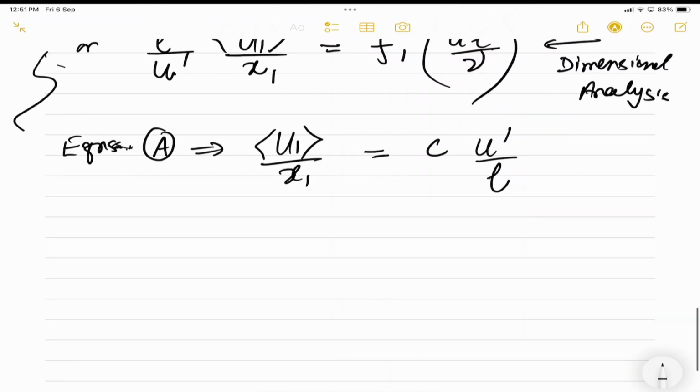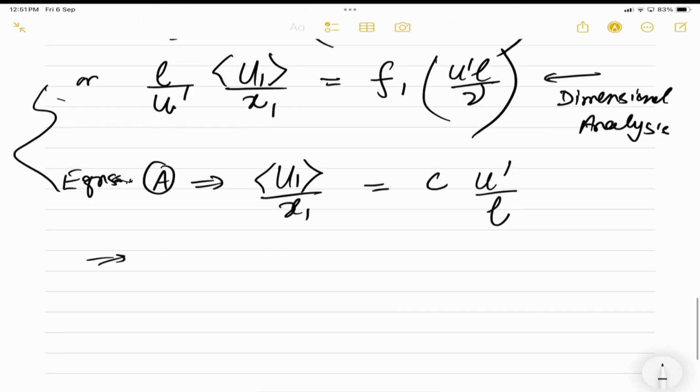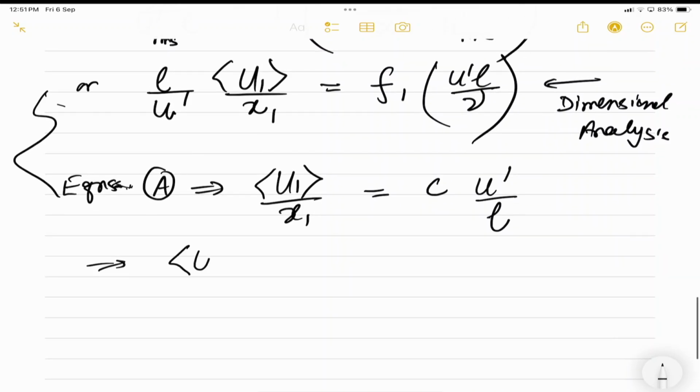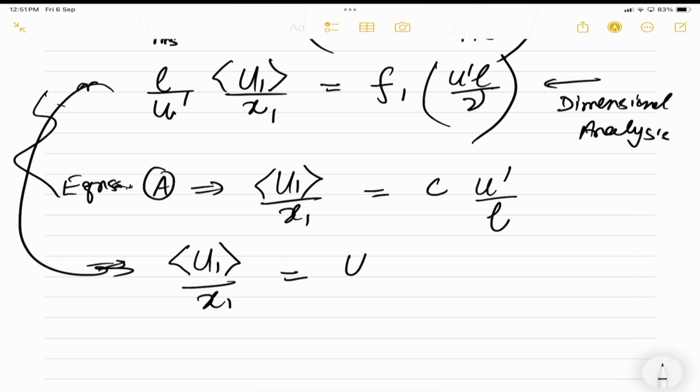Now I compare these two. This implies, when I compare these two, U1 upon x1. So from here I get U1 upon x1 is equal to U prime upon L times a function of U prime L upon nu.